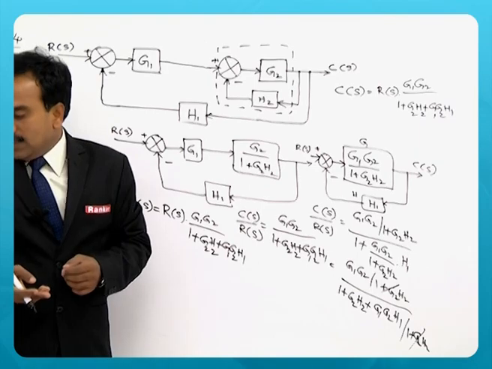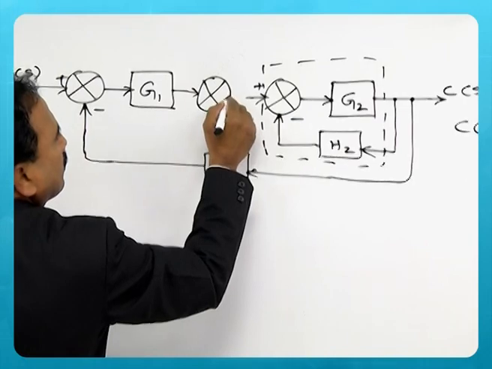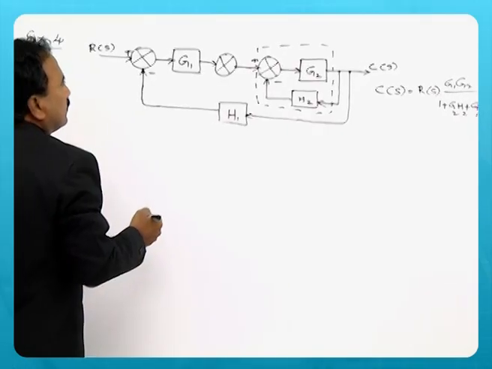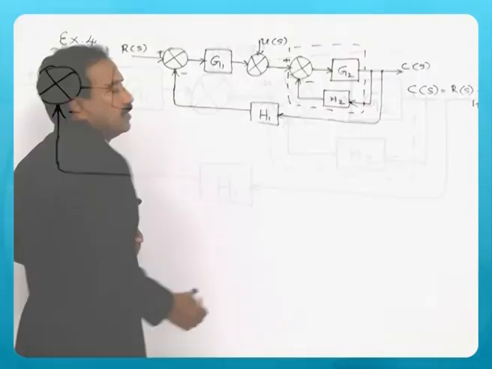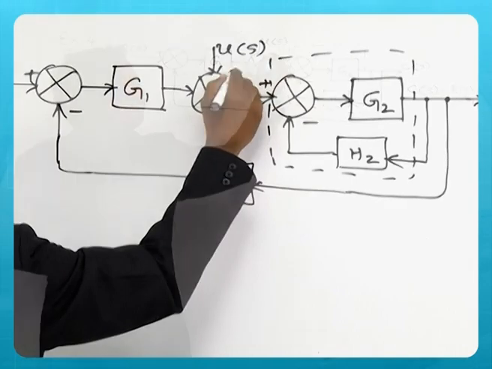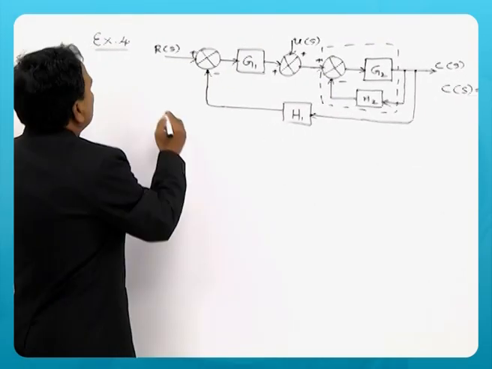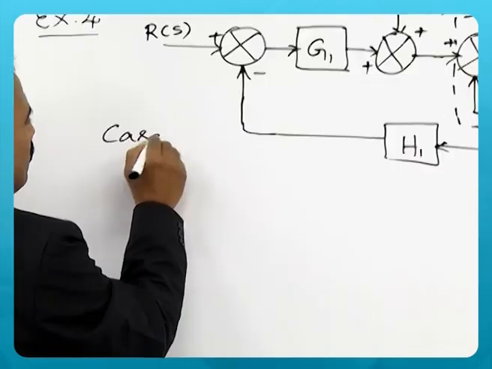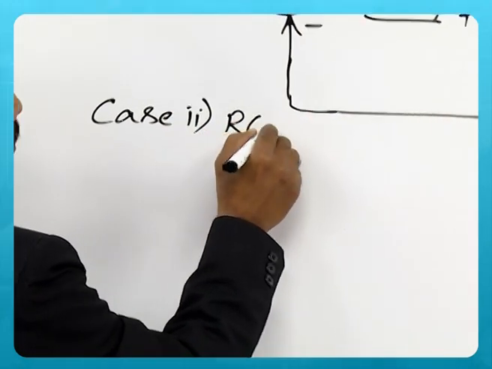Now let us go to the second case. So there was a summing point here with U of S as input with plus sign. This is also plus. Now what is case 2? Case 2 is R of S is ignored.